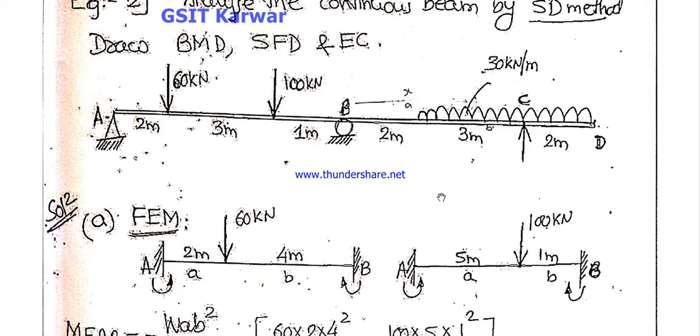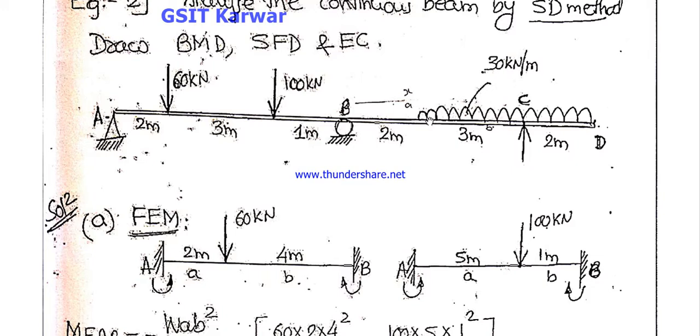So how are we going to calculate the fixed end moment for this type of span? What formula are you going to use? Think about this. Let us observe here. UDL is given on span BC.